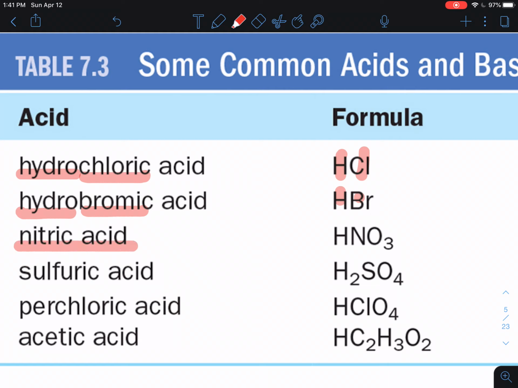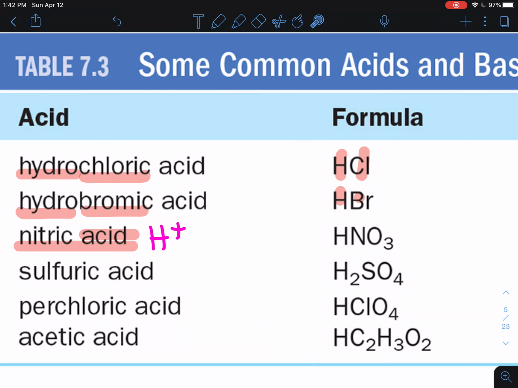Nitric acid's a little bit different. Since you see acid, think H+. But this nitric part, that's your nitrate, and instead of saying ATE, it's IC. So you remove the ATE, so it's nitric acid.